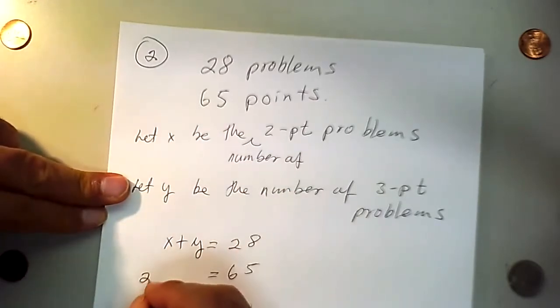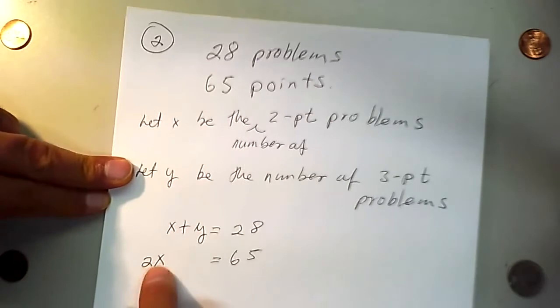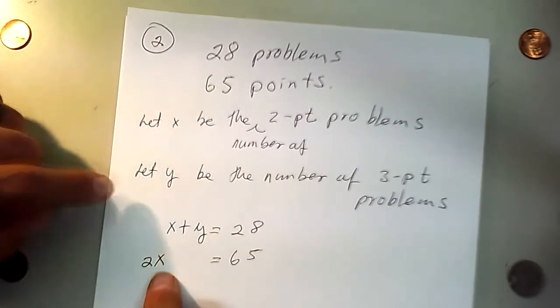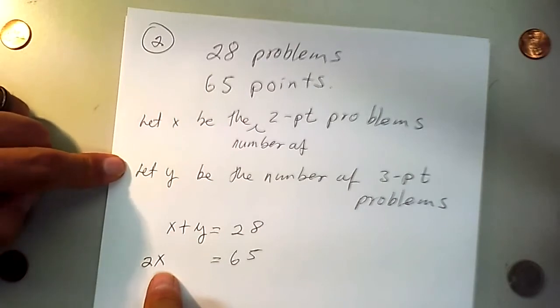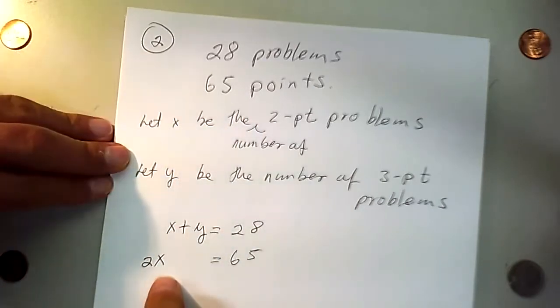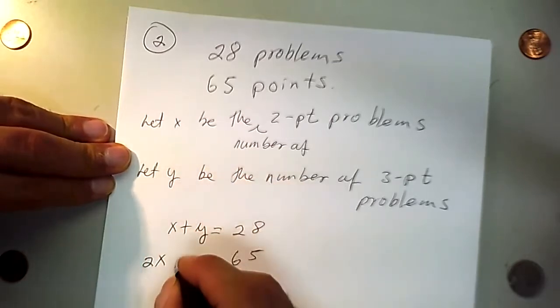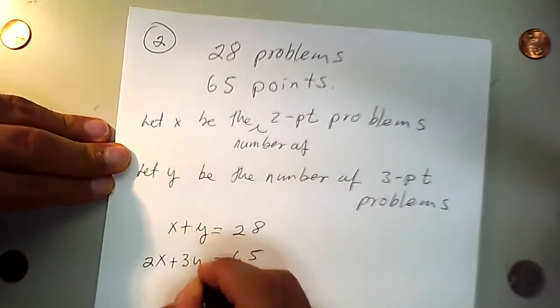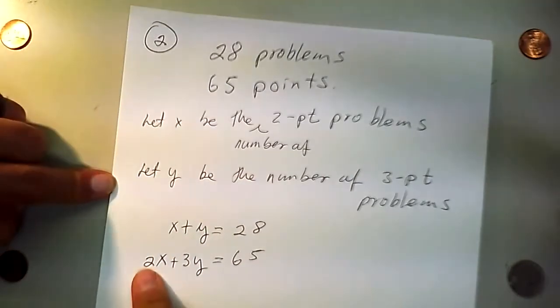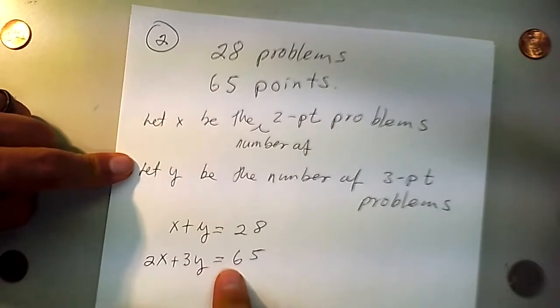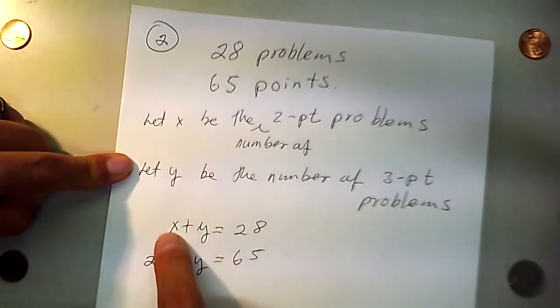We multiply by 2 to get the number of points coming from the problems from this X. Y represents the number of problems that are 3 points. So the points coming from those Y problems will be 3Y. So 2 points per X problem, 3 points per Y problem equals 65 total points, and we have X plus Y number of problems.